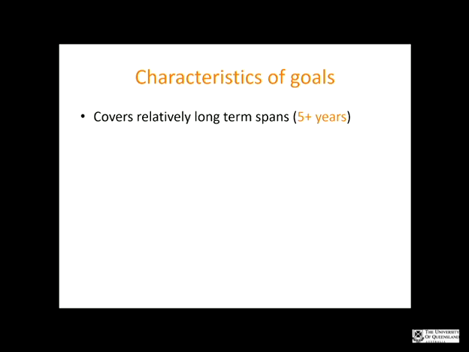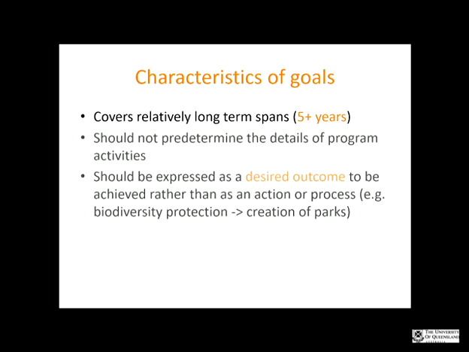So goals cover long periods of time. You do see some frameworks where they will say a goal is exactly this period of time, but often goals can be unspecified in terms of their time limits because we're keeping them large and unspecified. The most important thing, and it's really tempting to do this, is that goals shouldn't predetermine the detail of program activities. The reason why it's tempting to do this is organisations usually don't begin with a fully developed set of goals.